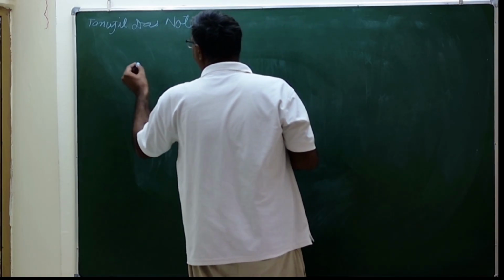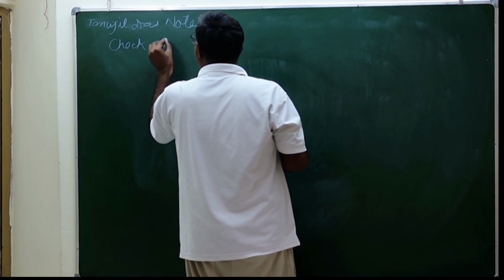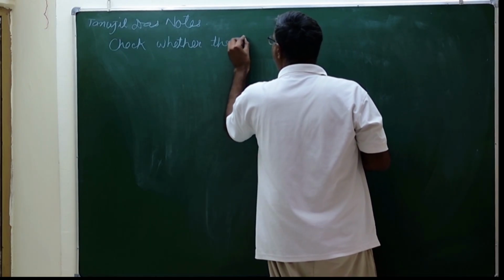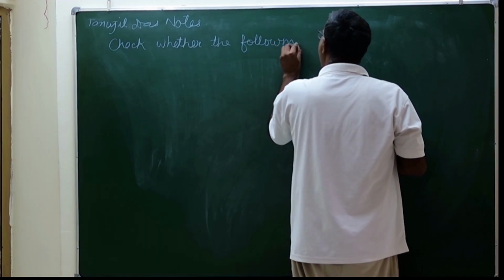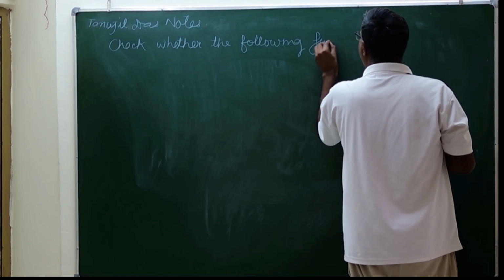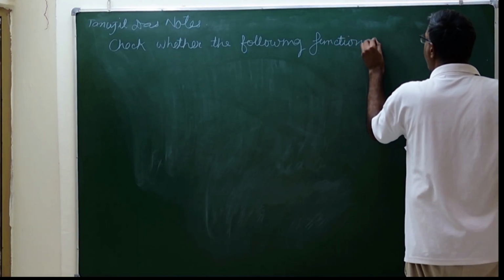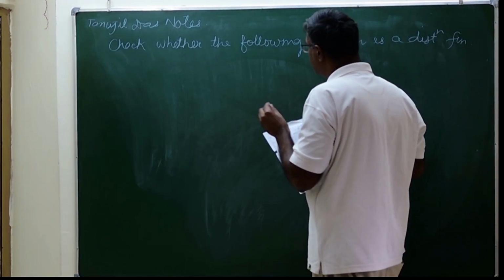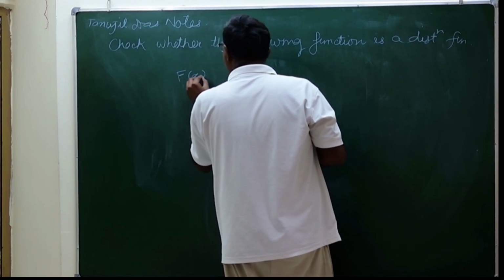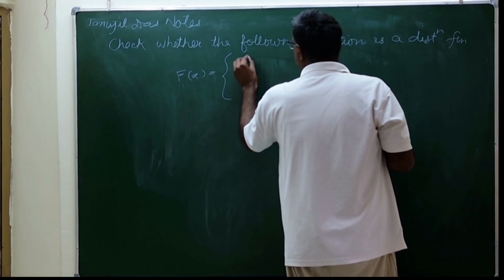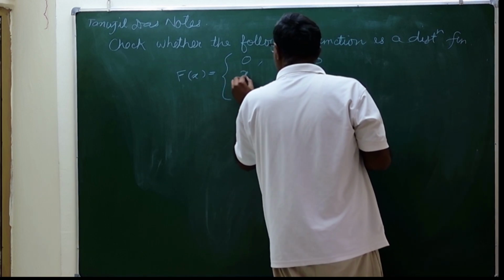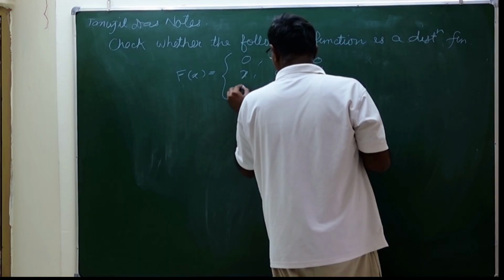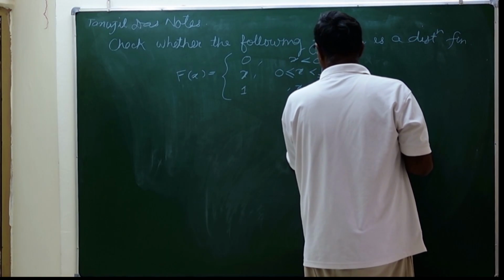This question says check whether the following function is a distribution function, and the function is defined as F of x as 0 for all x less than 0, x for x lying between 0 and 1 by 2, and 1 for x greater than or equal to half.